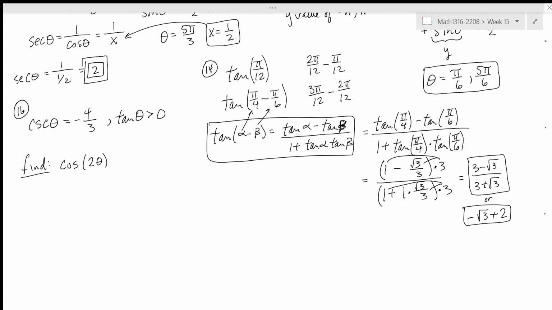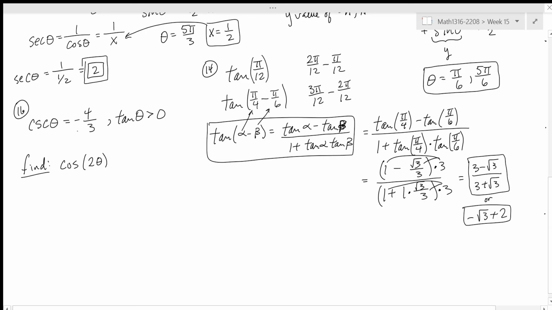You've actually got 3 choices. And the one that you pick should be based on what they gave you. So do y'all see they gave me cosecant? What trig function is related to cosecant? Sine, okay? So watch this.